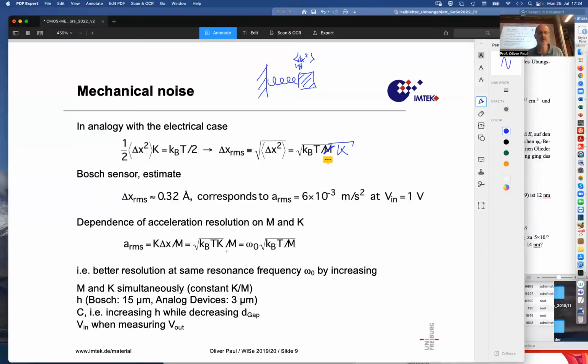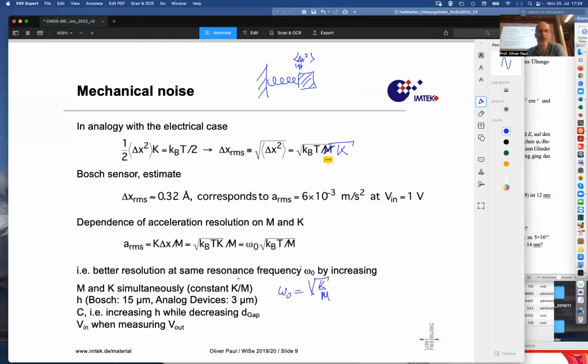Now the K has been removed, and so it's a resonance frequency times square root of KBT over M. And so it says that the mass shouldn't be too small if the resonance frequency is given. If the resonance frequency is given, of course, mass and K can be changed simultaneously because omega 0 is equal to square root of K over M.